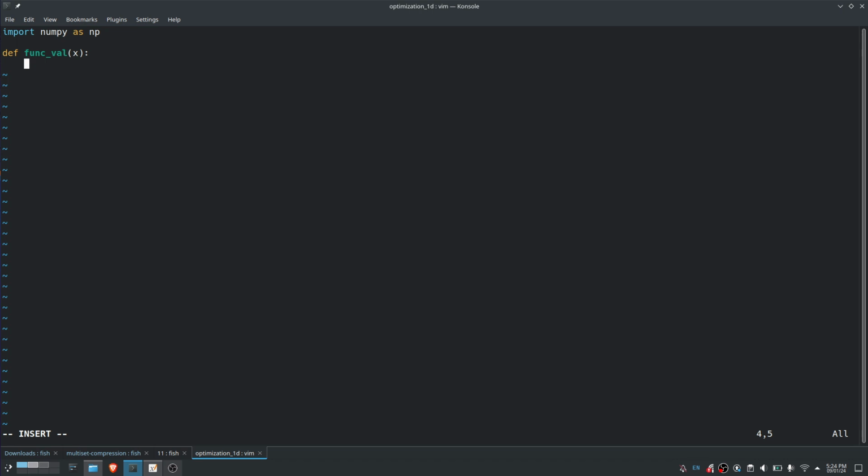Let's take the same function as before, which is x to the 4 minus 14x cube plus 60x square minus 70x.